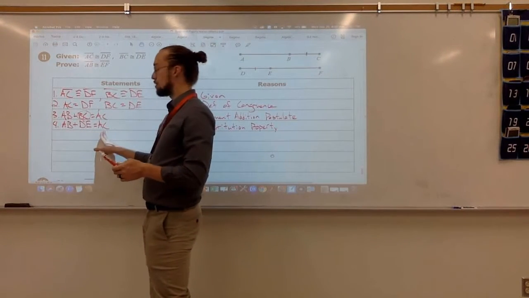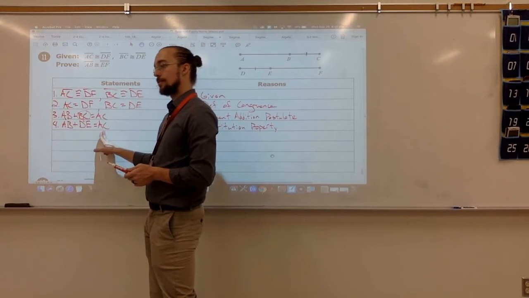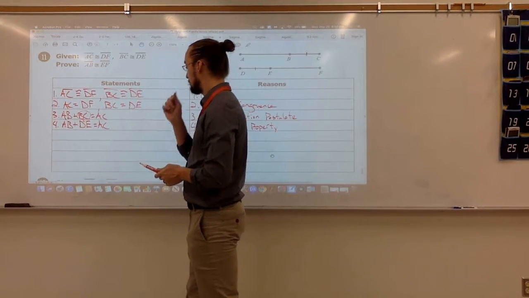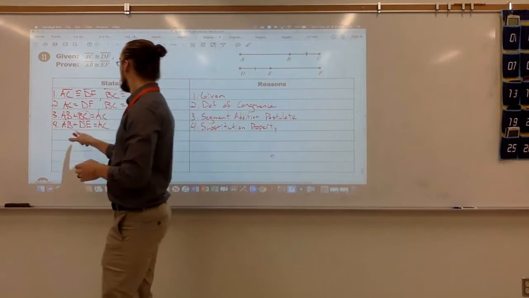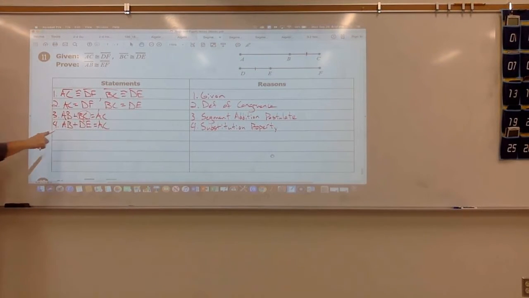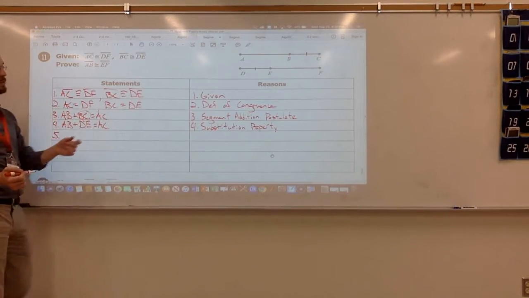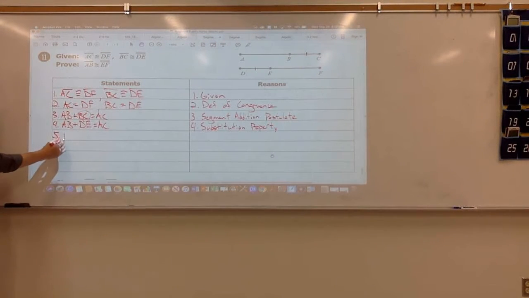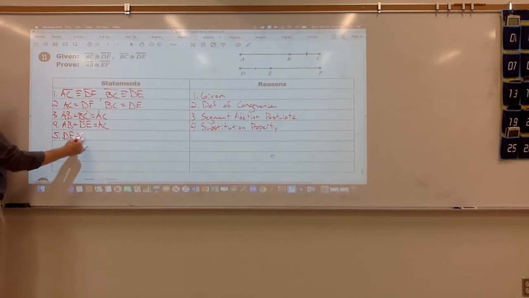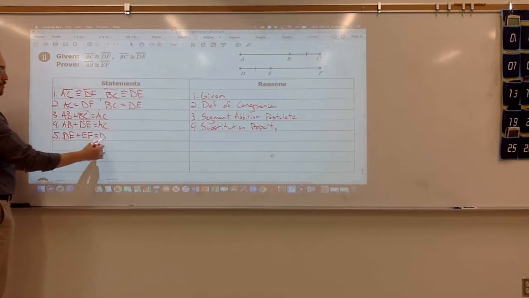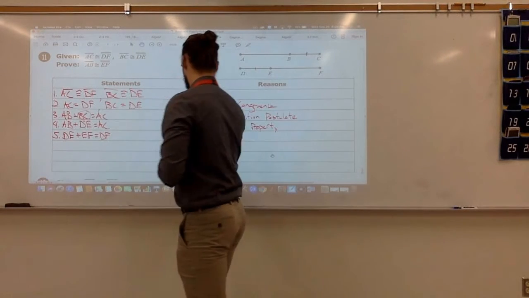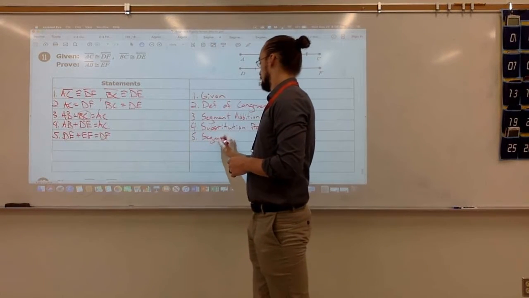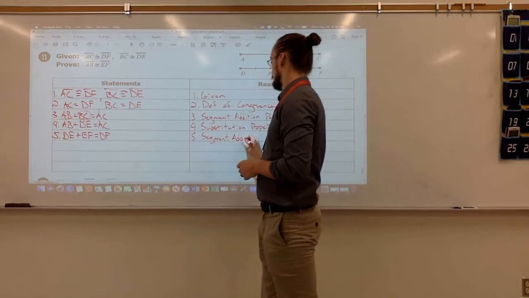DE plus AB equals AC. Do the EF instead of AB. So the DF? DE plus EF equals DF. Oh, yeah. Use segment addition postulate for the, okay, yeah. Yeah, so we could say DE plus EF equals the whole thing of DF here. Yeah. So DE plus EF equals DF. So segment addition.